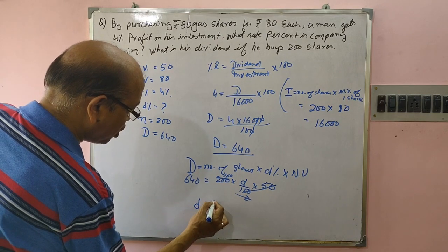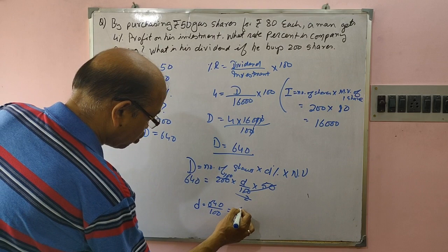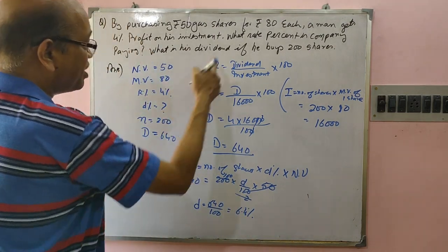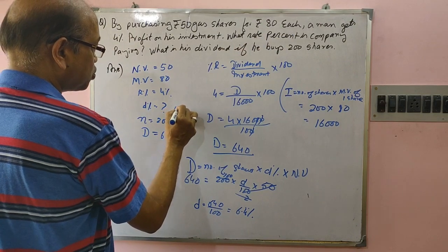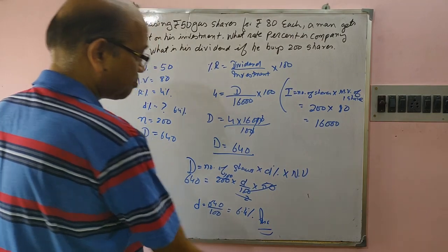Therefore, D is equal to 640 by 100, which is equal to 6.4%. Therefore, dividend percent is 6.4%. This is your answer.